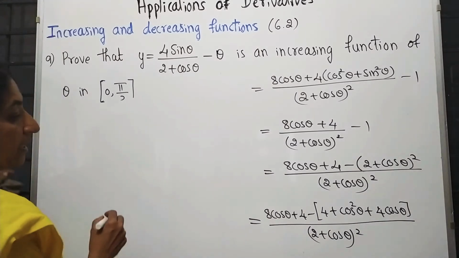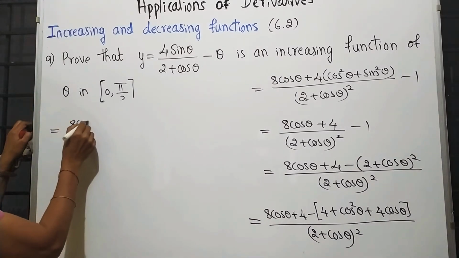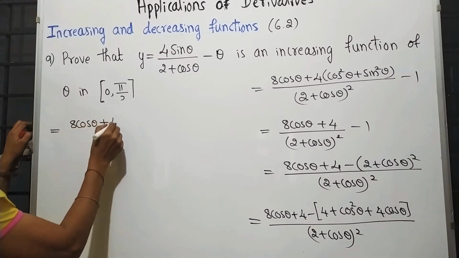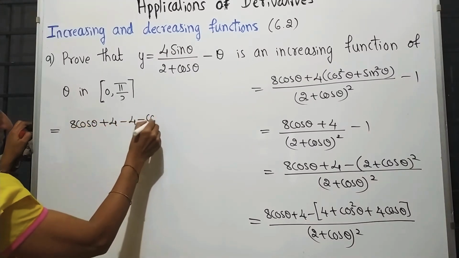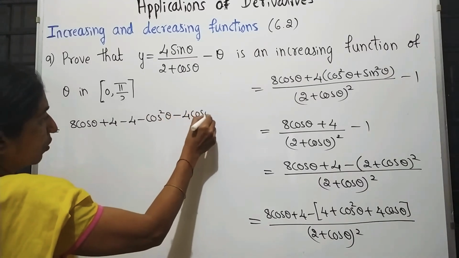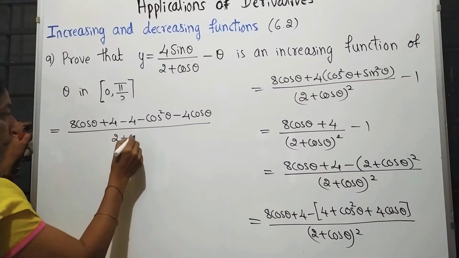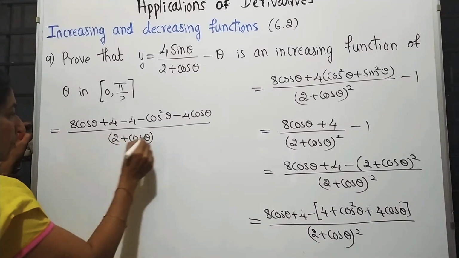Remove the bracket, take the values in the minus: 8 cos theta plus 4 minus 4 minus cos square theta minus 4 cos theta, whole divided by 2 plus cos theta whole square.